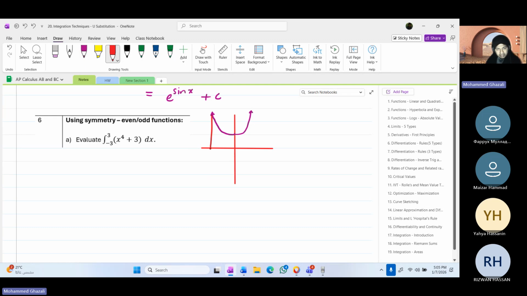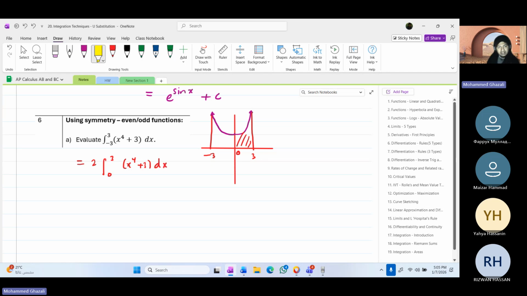So I'll put -3 here and 3 here. You can clearly see if you integrate from -3 to 3 is the same thing as saying 0 to 3 times 2. Okay? So this is the same thing as saying 2 times integral 0 to 3 of x to the power 4 plus 3 dx.